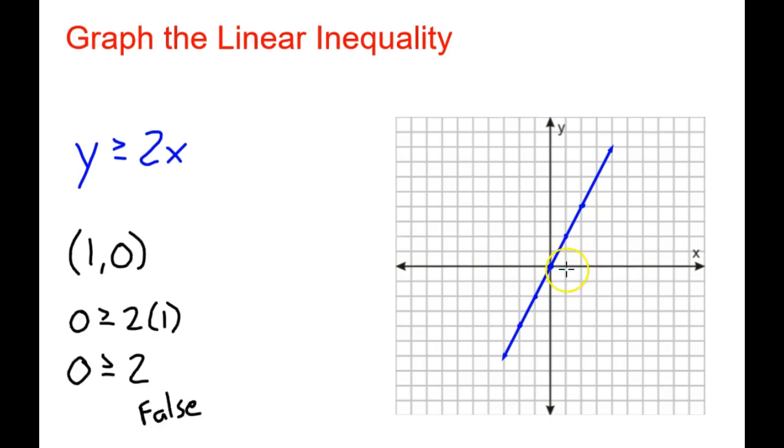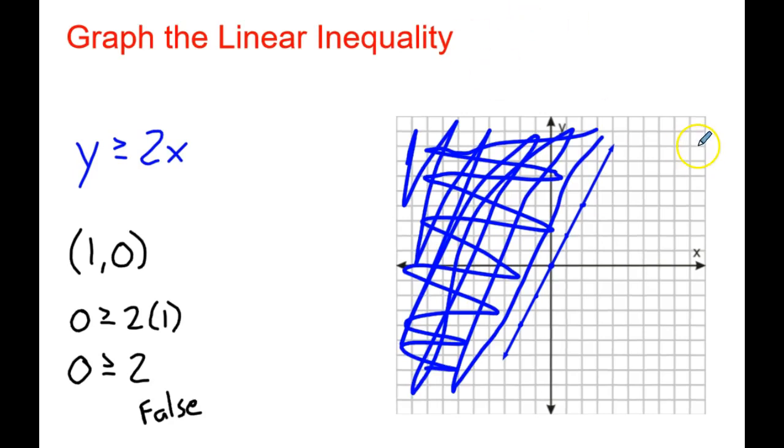When I plug in 1, 0, I get 0 is greater than or equal to 2 times 1, so 0 is greater than or equal to 2. That is a false statement. If our statement is false for the test point we picked, that means we have to shade the region opposite of where that test point occurs. So 1, 0 occurs here, which means I shade the opposite region. Any point to the left and above this line will be a solution to this linear inequality.